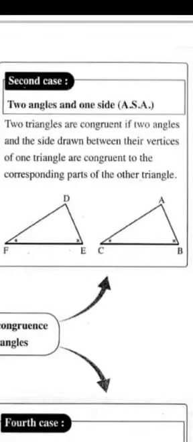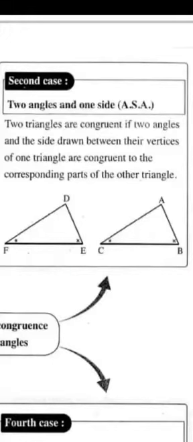It means the side must be between the two angles, and the other triangle has two angles and the side drawn between them. So we can say two triangles are congruent if two angles and the side drawn between their vertices of one triangle are congruent to the corresponding parts of the other triangle. Okay.